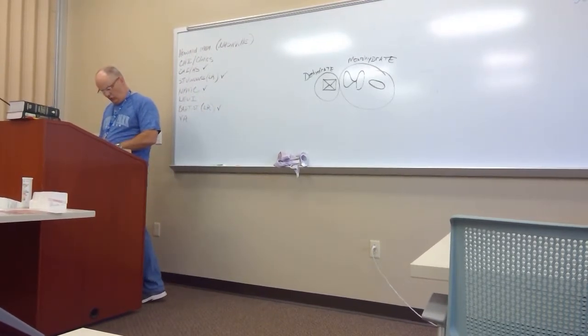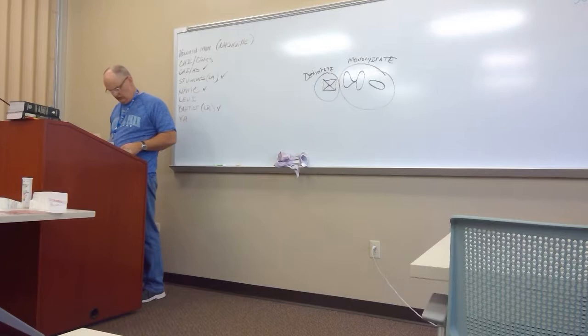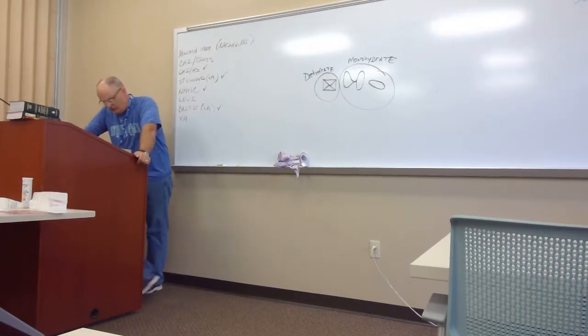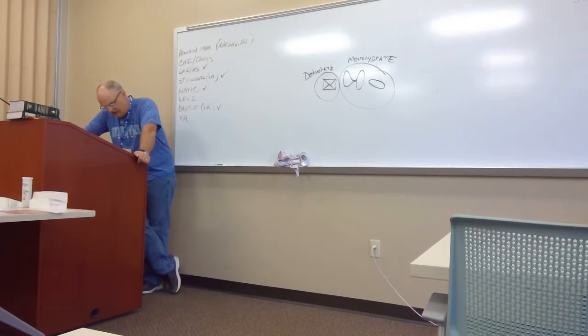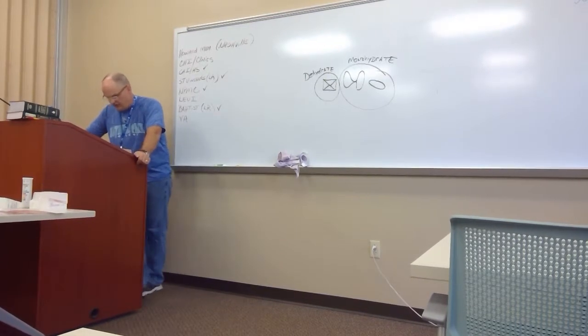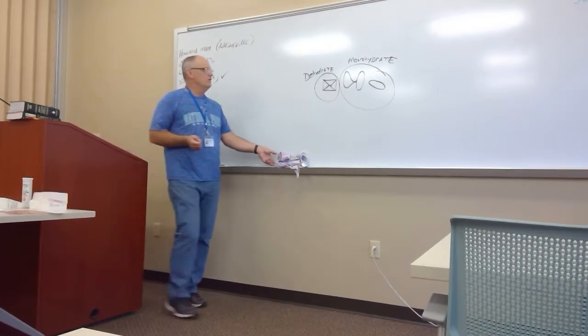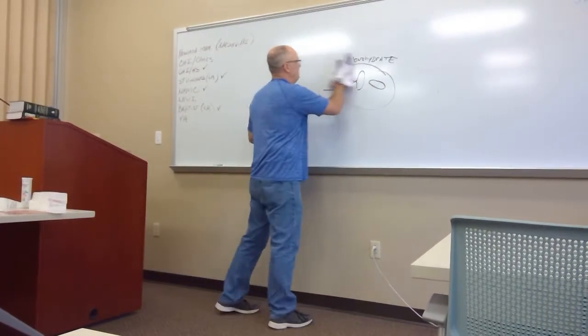All right, normal crystals seen in alkaline urine. I'm on page 133, right-hand column, last section. It says phosphates represent the majority of the crystals seen in alkaline urine and include amorphous phosphate, triple phosphate, and calcium phosphate. Be able to give me those examples.